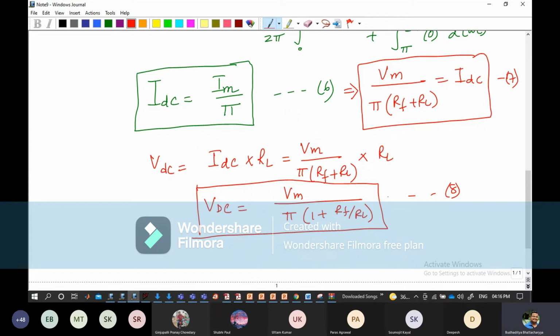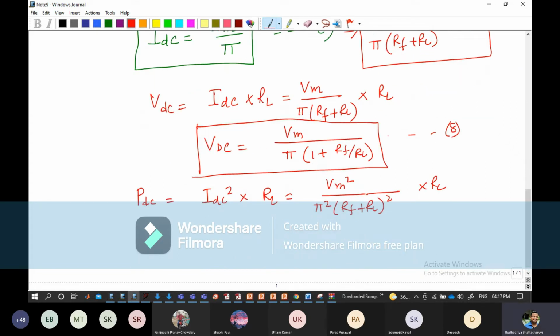All right. Now, in that term, we can also find out the DC output power. So we can say PDC is equal to IDC square multiplied by RL. So that is Vm square by pi square, Rf plus RL whole square, multiplied by RL.